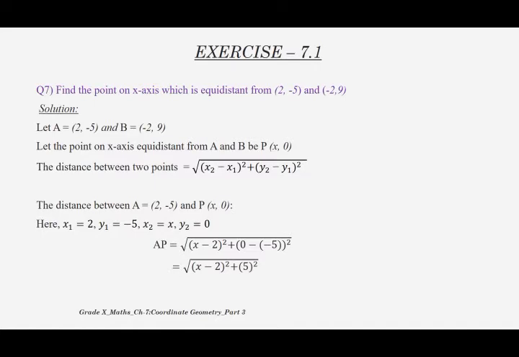So let us first write the distance formula and then find the distance between A and P. P has a value x in it. It's okay. We will substitute in the distance formula as x itself.